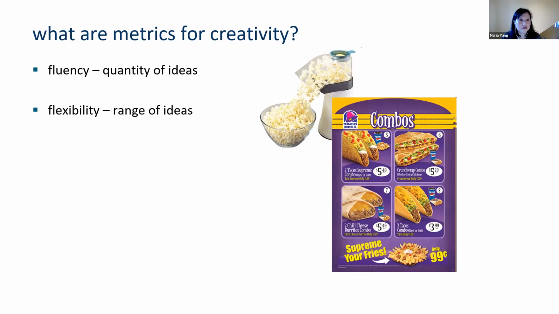There's also this notion of flexibility, which is your range of ideas. I can think of many, many ideas in a very narrow range, but that's not very flexible. In the US, there's a restaurant called Taco Bell. I don't know if you have it in Denmark. Do you have it in Denmark? No. Okay, I will describe it. It's a fabulous restaurant. It's fast food, Mexican inspired.